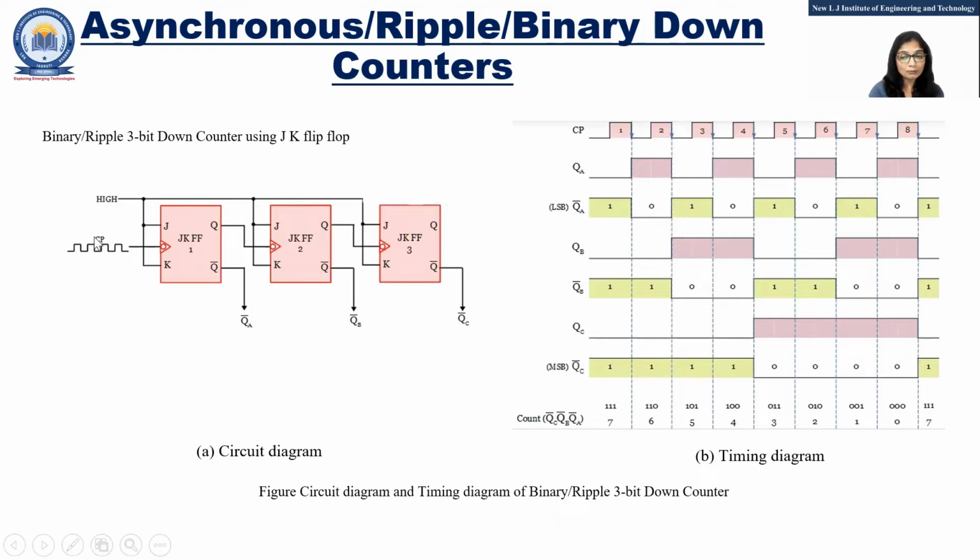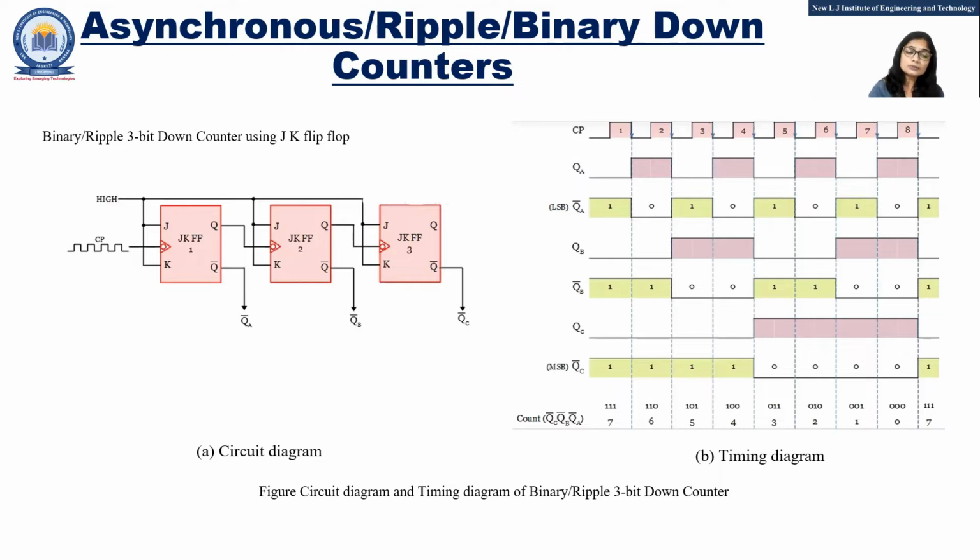Okay, one more important point I want to discuss. Suppose you are applying Q bar to the clock pulse, then you must take the output from the Q terminal. Here what we are doing, I am applying Q to the clock pulse and the output I am taking from Q bar.